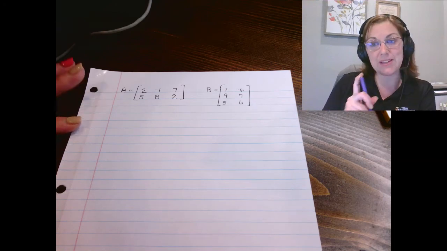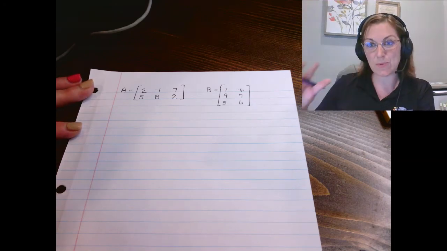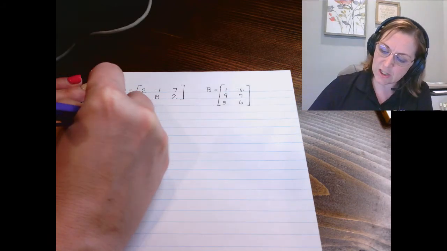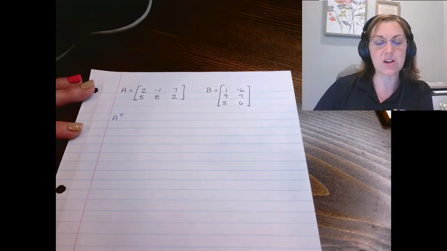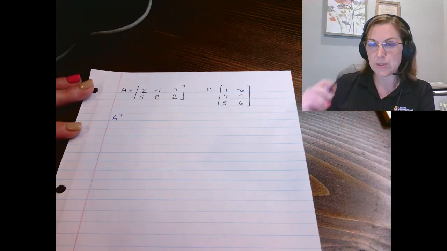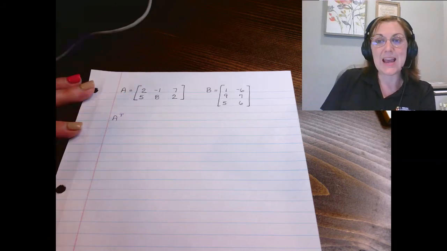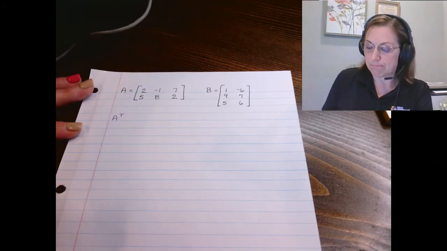Now we're going to work through, like I said, a few matrix operations. And the first one I'm going to show you is a transpose matrix. So we call that A transpose. What we are doing here is we're taking elements in the original A matrix and we are moving them.